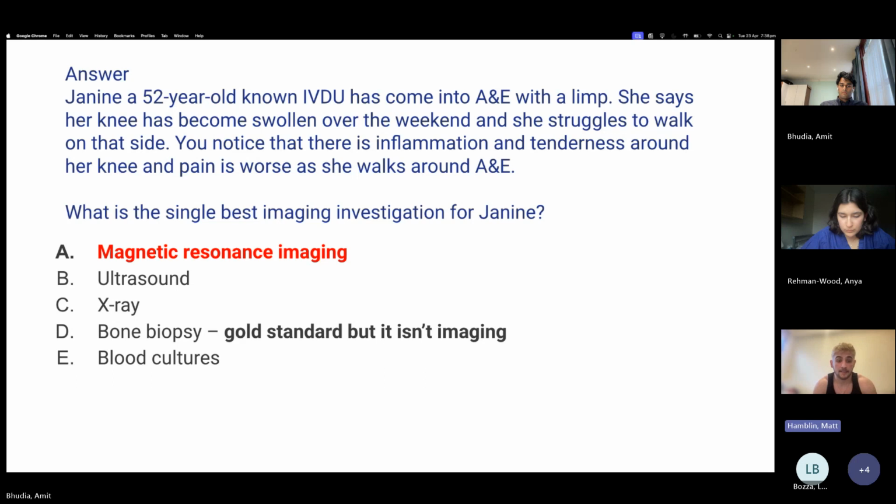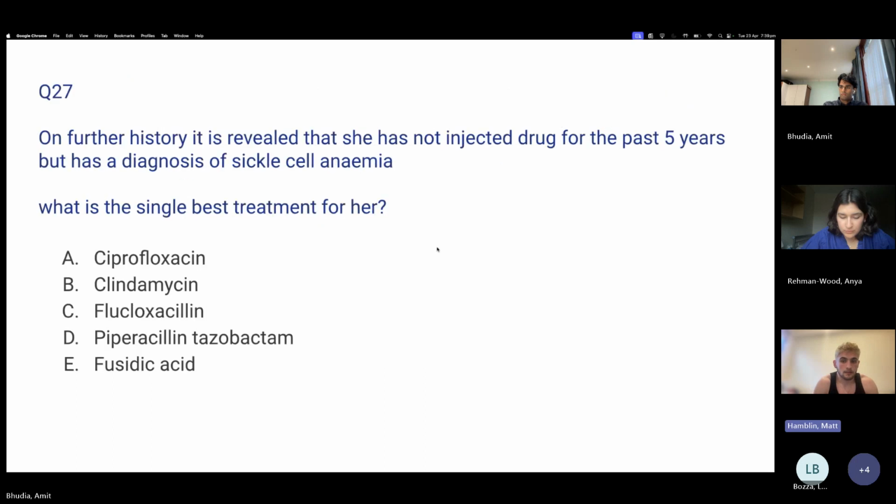If the question was to say, what is the most appropriate initial investigation, I would argue that it wouldn't be an MRI, and it would in fact be a joint aspirate, because there is still a possibility that this could be septic arthritis, especially seeing as they've decided to choose the knee as the focal joint. Yeah. So next slide.